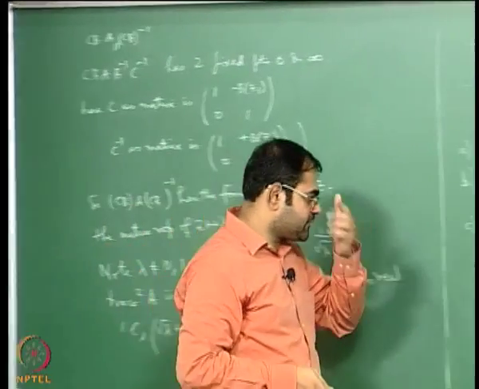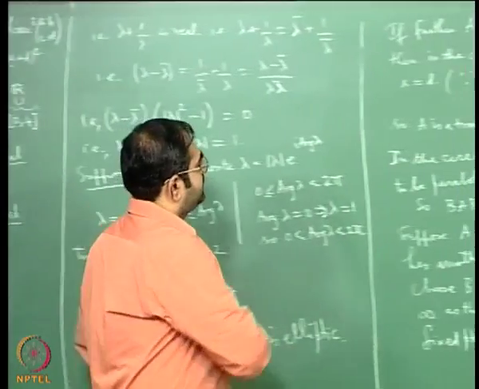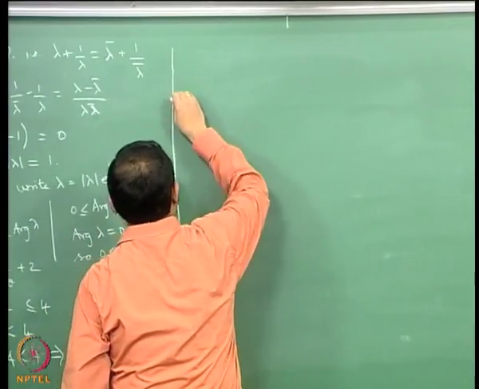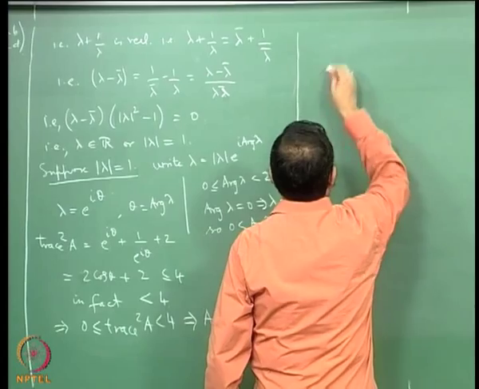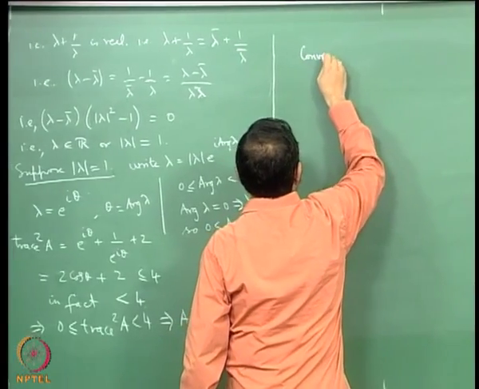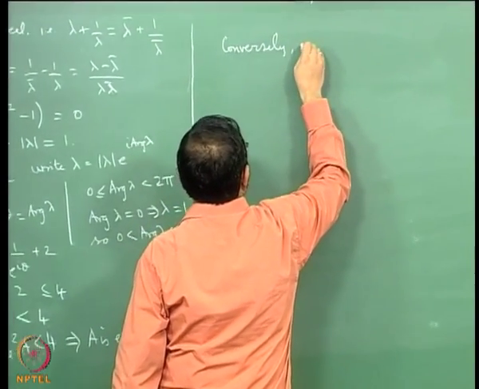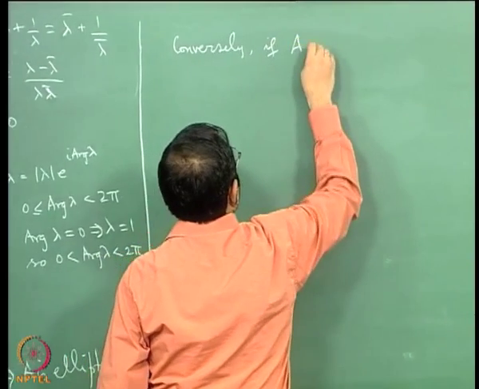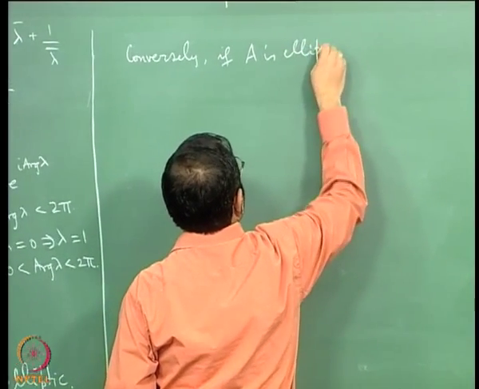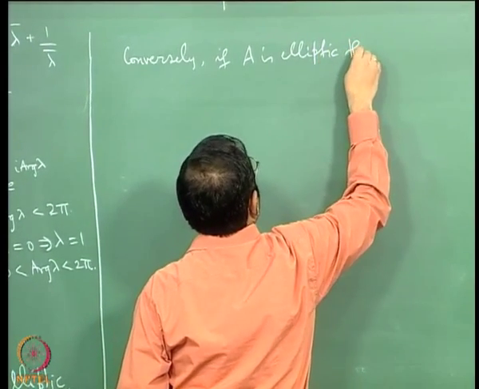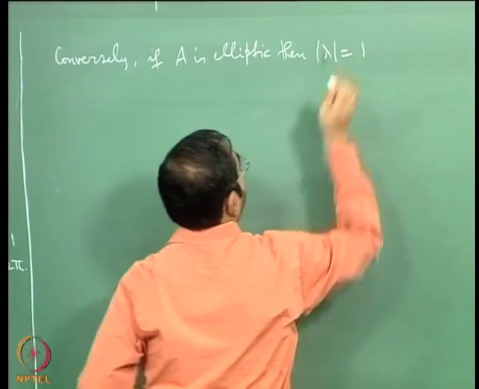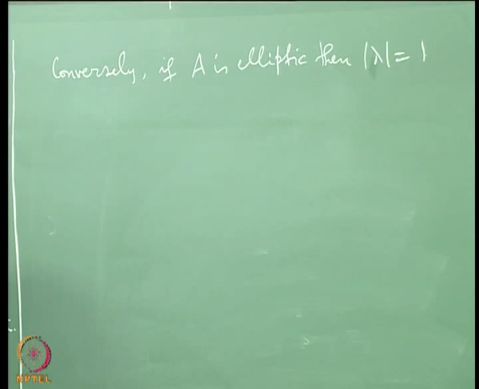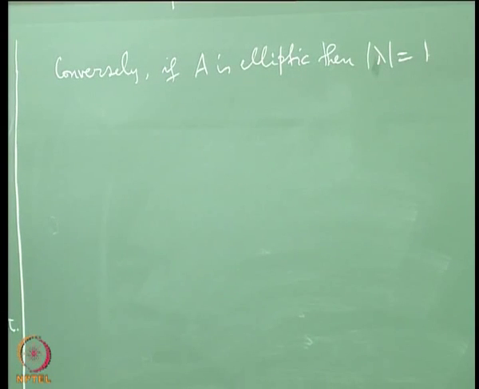So how does one see that? So let me write that down. Conversely, if A is elliptic then mod lambda is 1. If A is elliptic I claim mod lambda is 1.